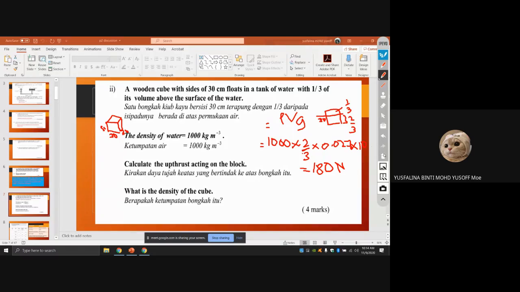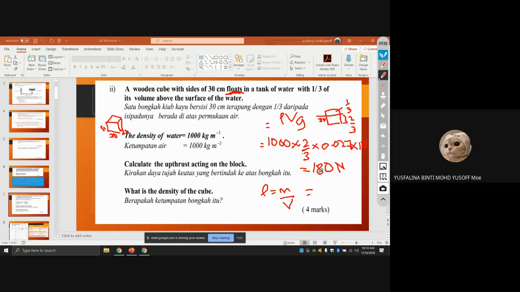Next, you have to calculate the density. The density is mass over volume. Because the object is floating, remember I said if the object is floating, the buoyant force equals the weight of the object. So this is the weight.